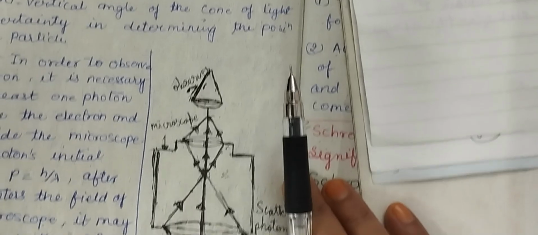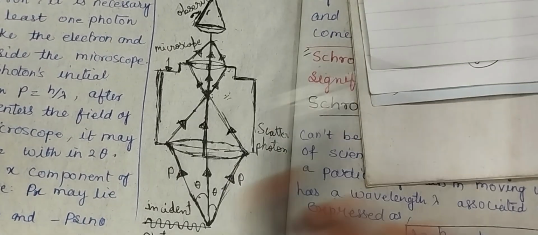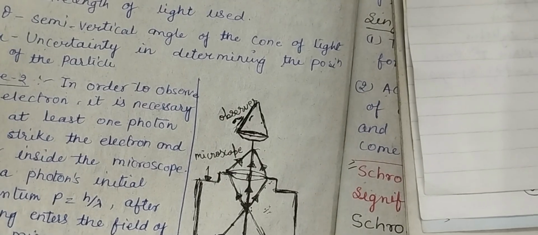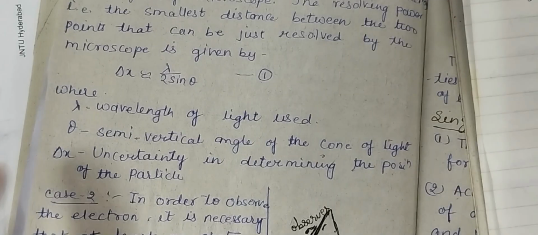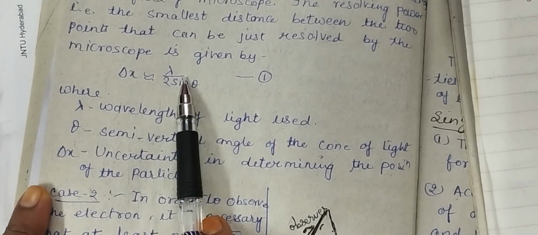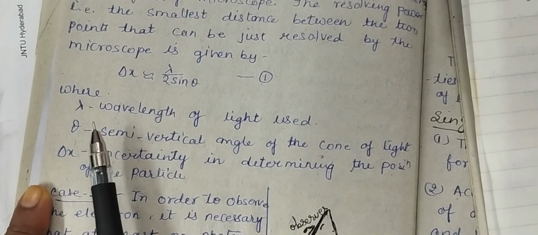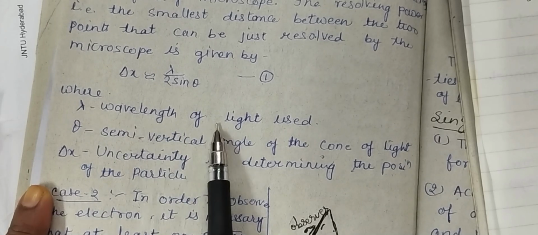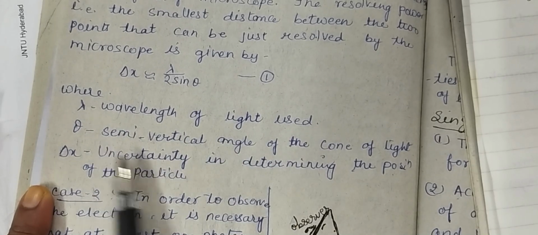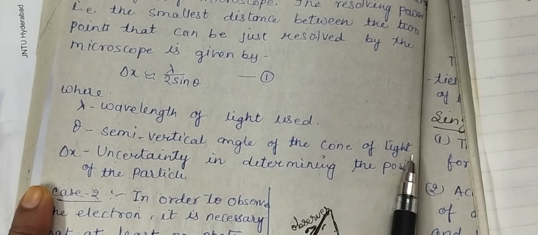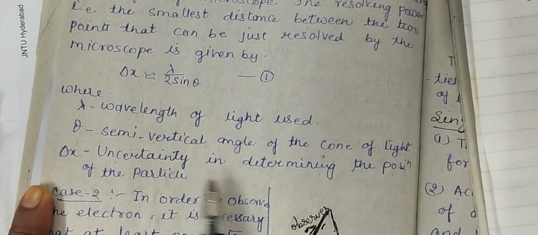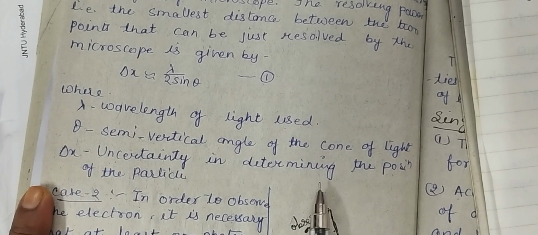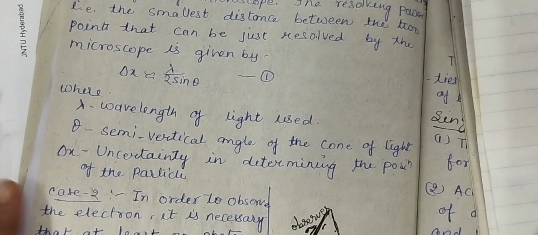Here you can check, theta is the cone. This is equation number 1, where lambda is the wavelength of light used, theta is the semi vertical angle of the cone of light, and delta x is the uncertainty in determining the position of the particle.